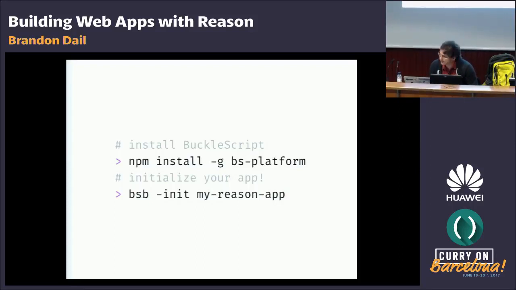And it even recently introduced a feature called themes, where you can initialize a project from an existing template, such as a Reason React project. So that'll continue to grow and make it really easy to use BuckleScript in a lot of contexts in the JavaScript community.